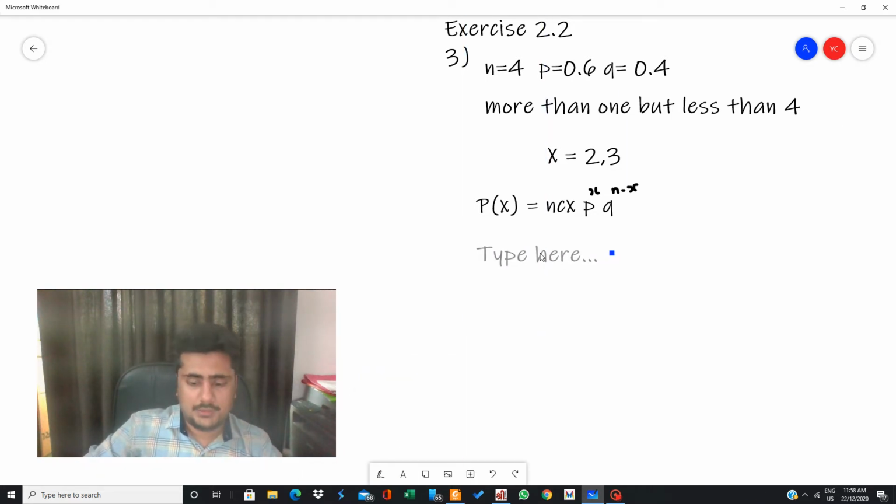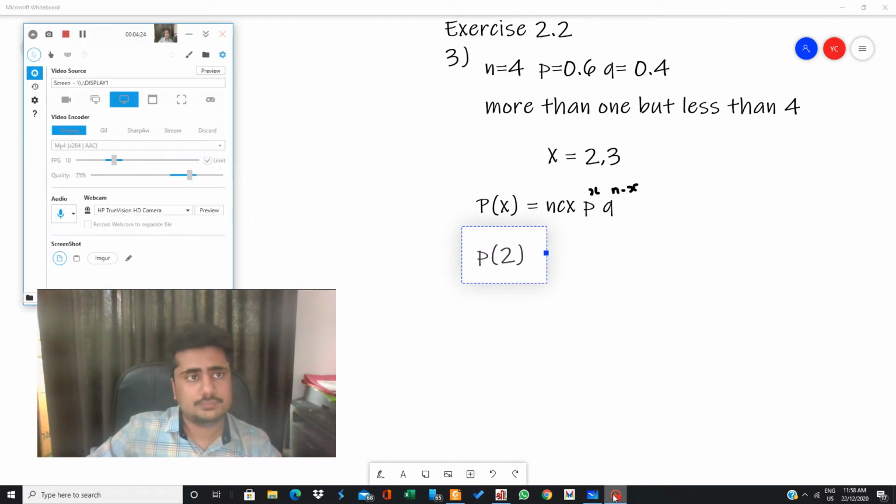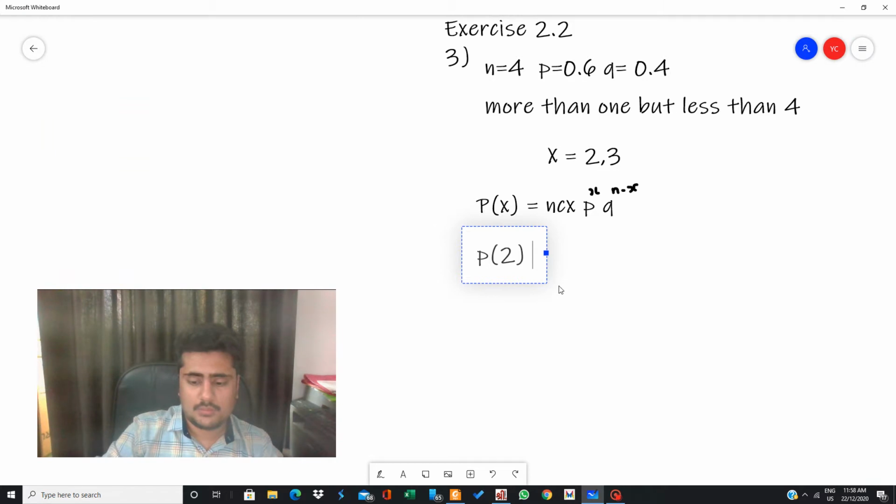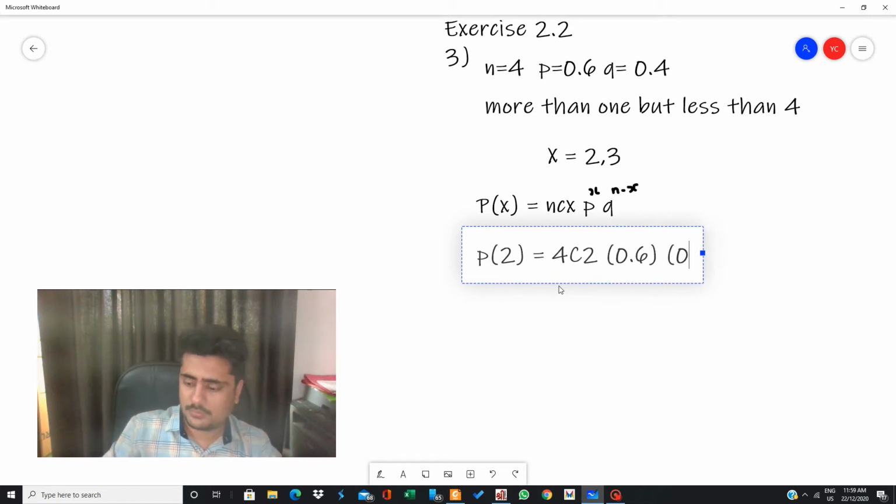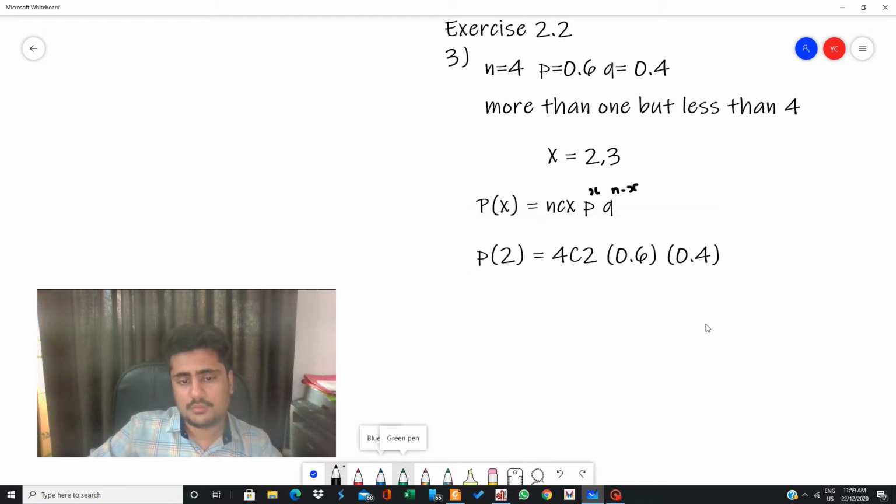First, I'll find P of 2. P of 2 is 4C2, 0.6 raised to 2, 0.4 raised to 4 minus 2.